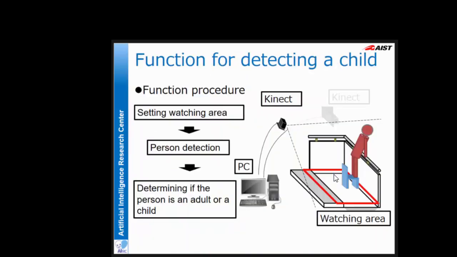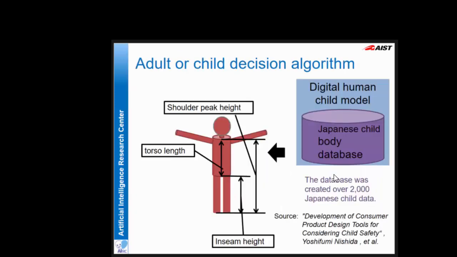I will explain the first function, the procedure of detecting a child. After setting a watching area, the system detects a person in that area and determines if the person is adult or child. Adult or child decision is determined by the following algorithm.